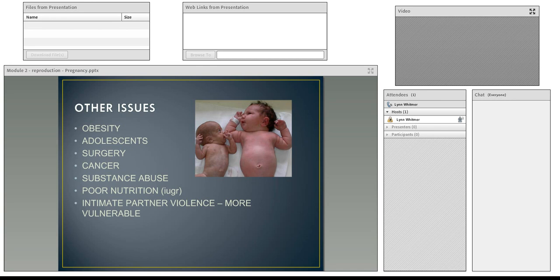Surgery during pregnancy is usually linked to the anesthesia risks. Cancer during pregnancy, of course, is linked to the chemotherapy or other treatment modalities that we would want to offer. Substance abuse, again, there's a whole subset culture of people who use substances, drugs, alcohol, smoking, and finding unique ways to get a hold of the drugs.